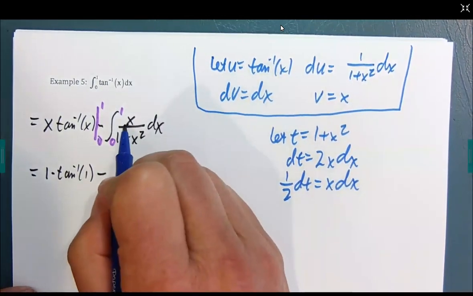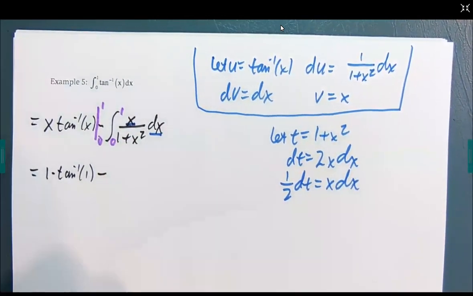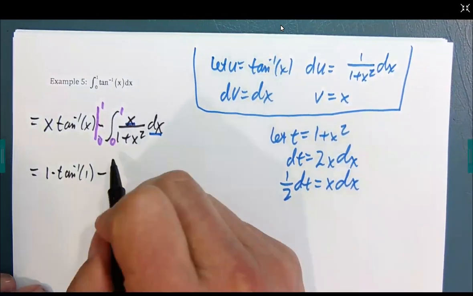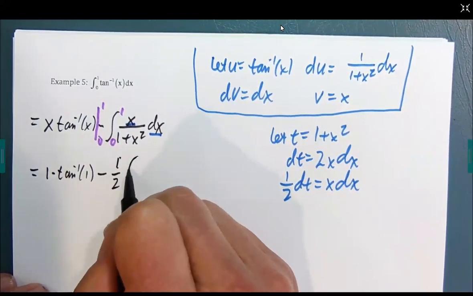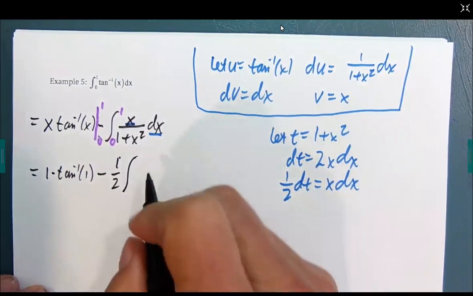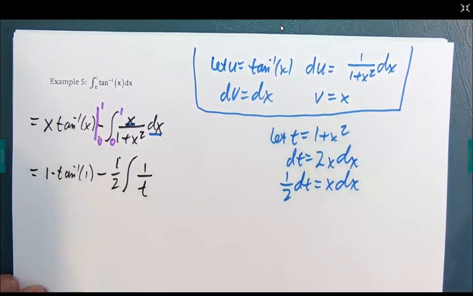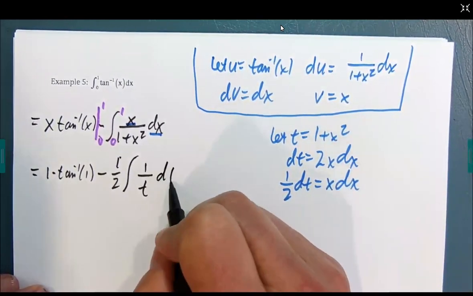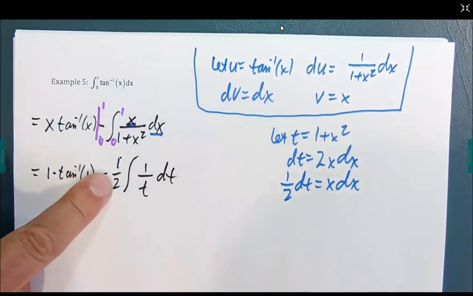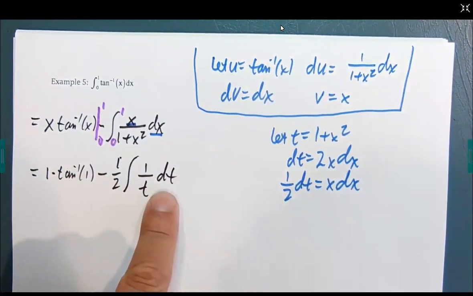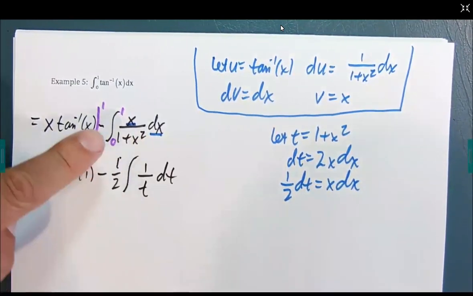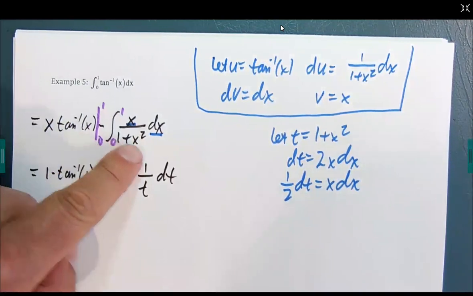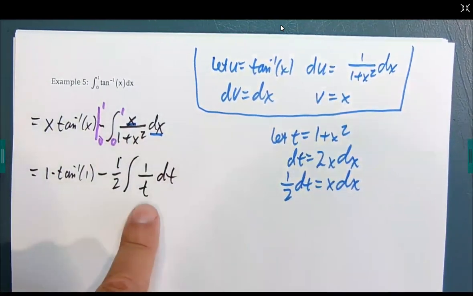And you'll note my x dx is right there. So this becomes the integral, actually, I'm going to bring that 1/2 out in front. 1/2, the integral, we'll talk about the boundaries here in just a moment, of 1 over t dt. So there's my 1/2. The x dx are replaced with the 1/2 dt. And this just becomes 1 over 1 plus x squared, and 1 plus x squared is t.